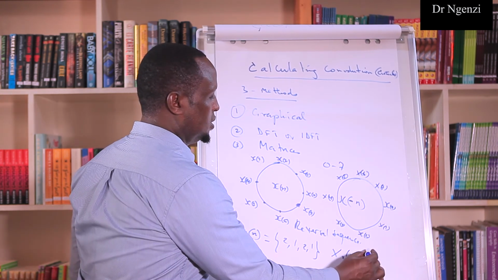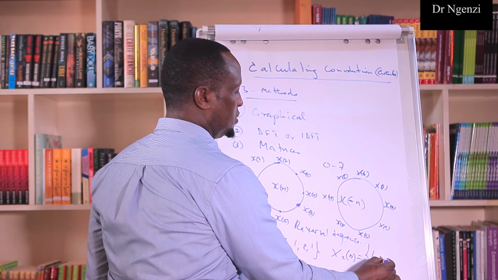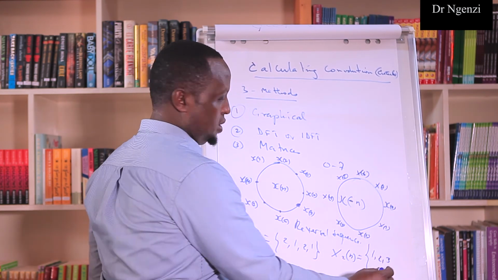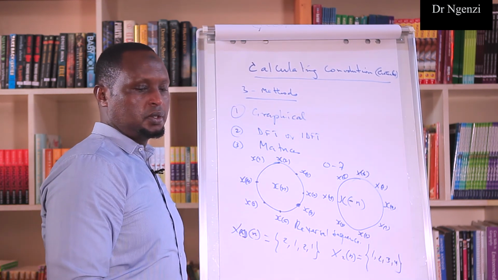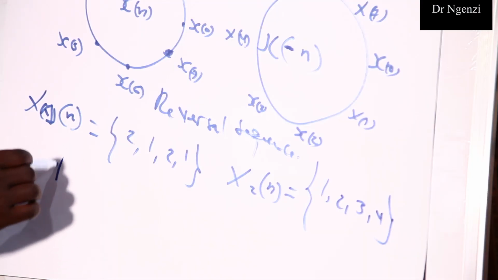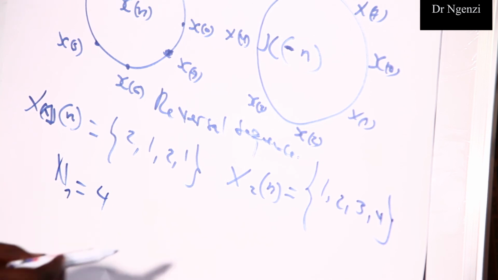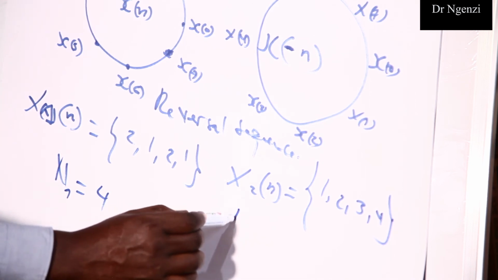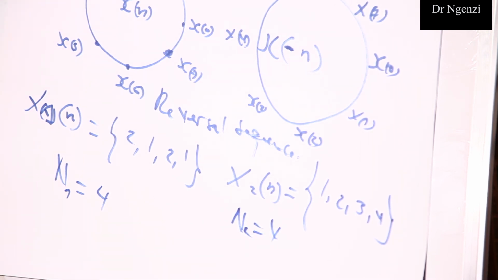It's going to be 1, 2, 3, then 4. So you can see that at n1 equals 4, and also at n2 equals 4, the number of n are becoming 4.